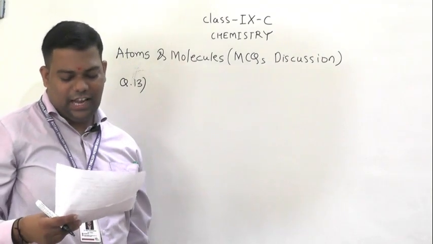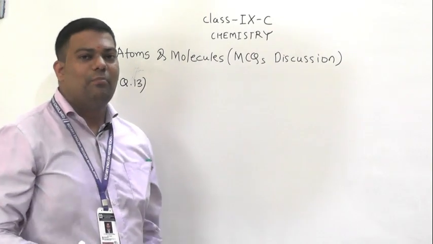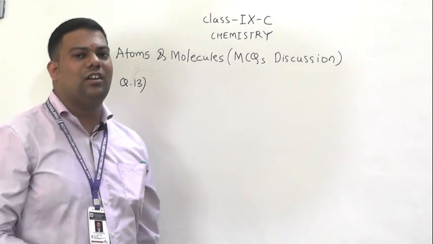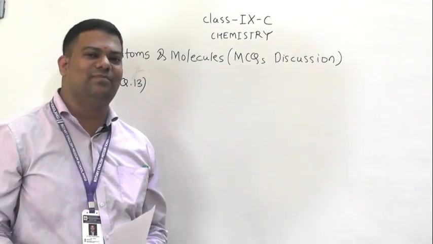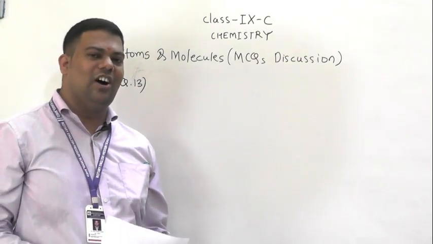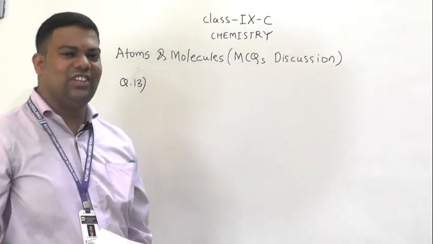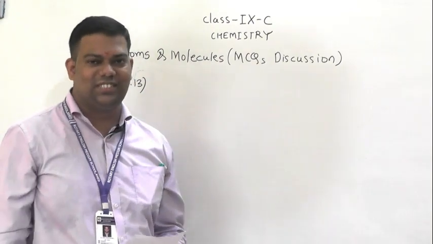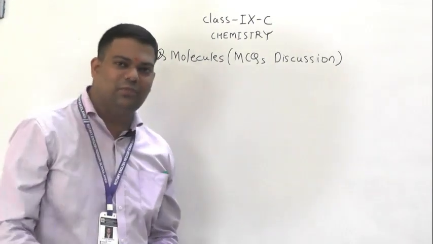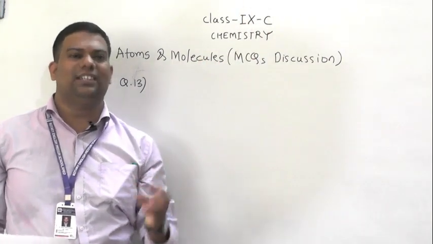Calculate the mass of one molecule of water. A single molecule or single atom we saw in AMU. This calculation we will do in two simple types. We can solve this numerical in two methods.